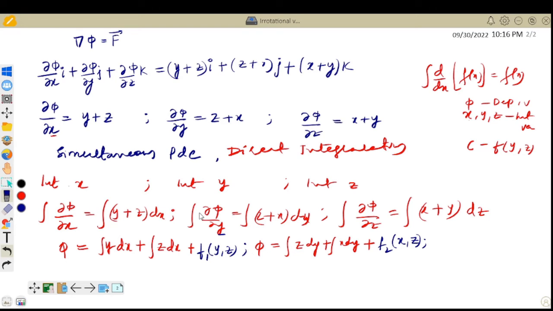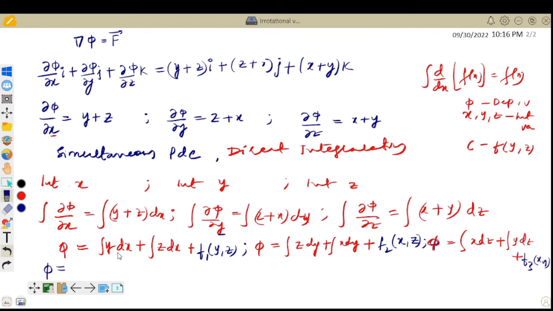Similarly, in the third one, φ is equal to integration of x dz plus integration of y dz plus the arbitrary function f3 of x and y.